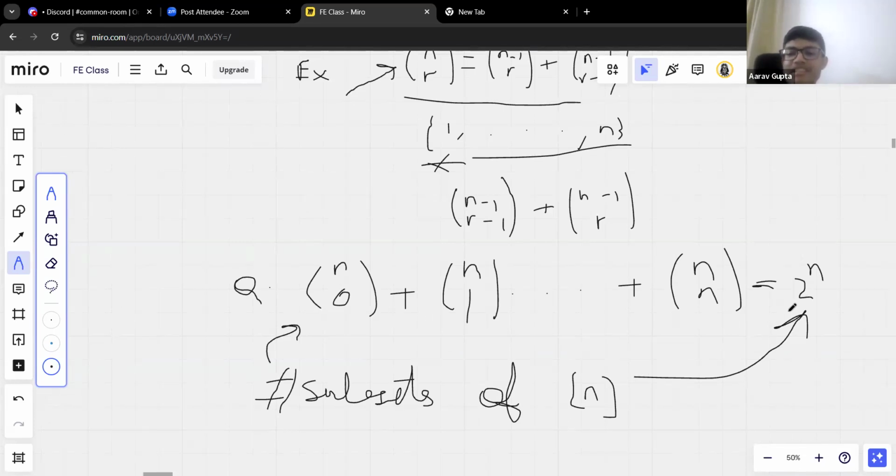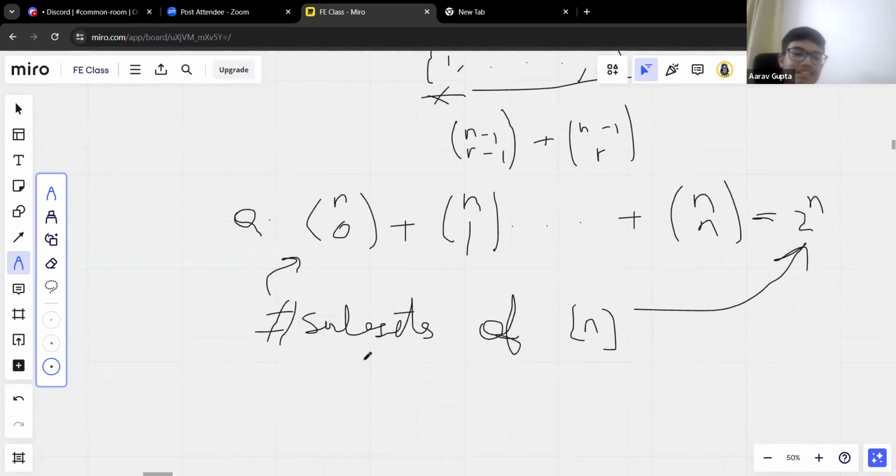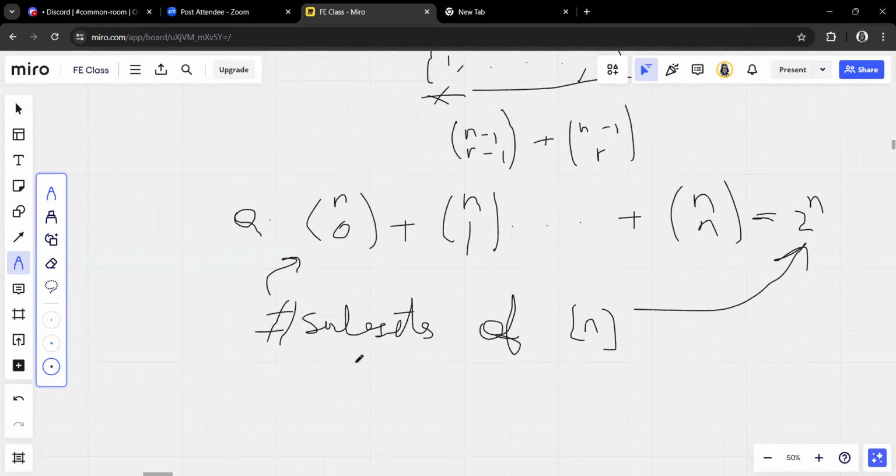But then how do you prove that this is the number of subsets? We can create a binary string of length n. Any element in n has two options, whether to be in that set or not. So each will have two, so 2 to the n is the number of options.